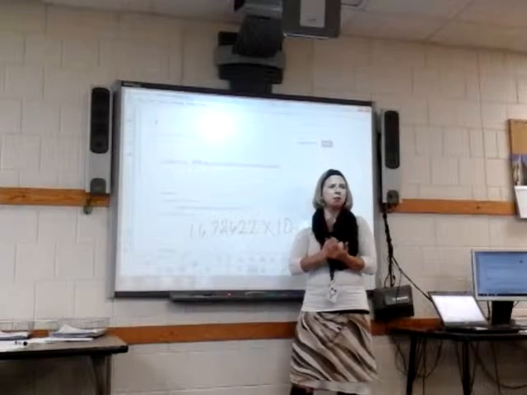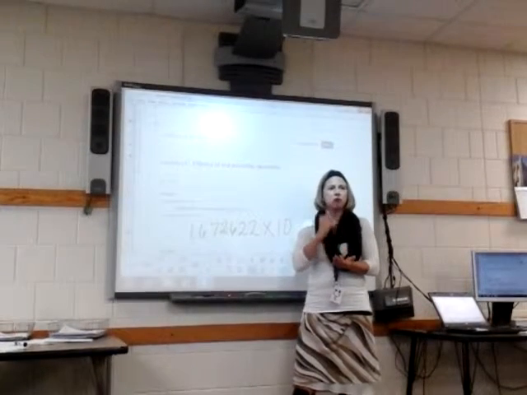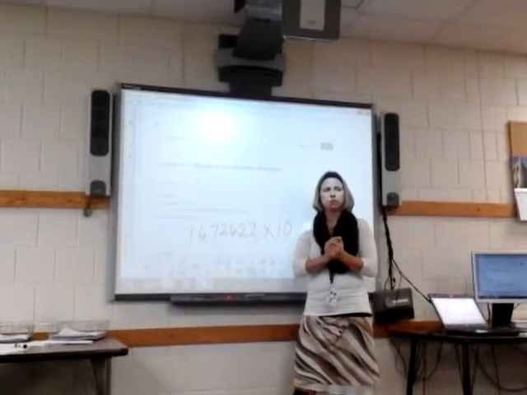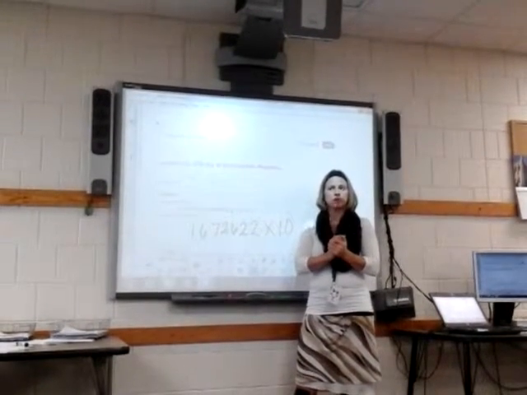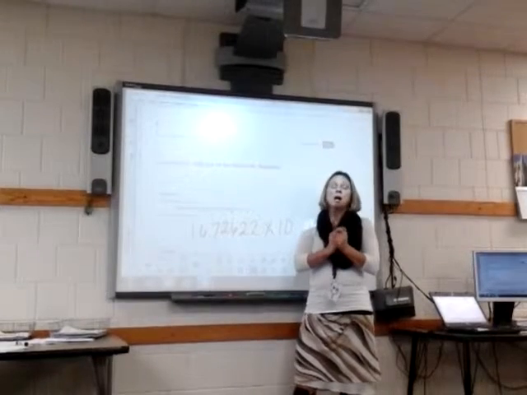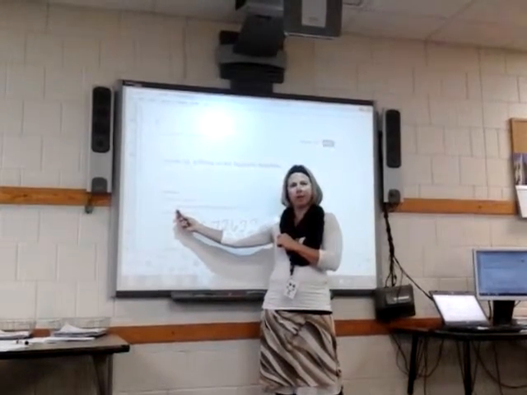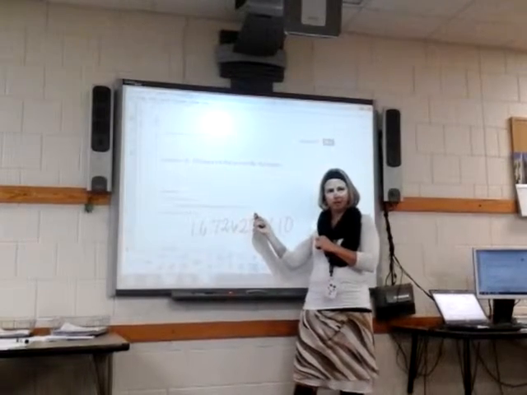Okay, it doesn't represent the number of zeros. It represents what? I don't know. How many times the decimal gets moved? How many times the decimal point moves from where it currently is located to where we need it to end?